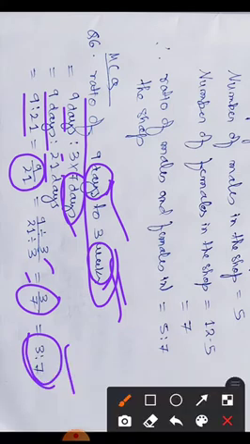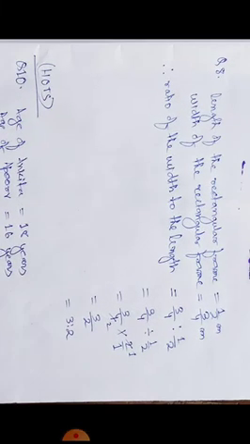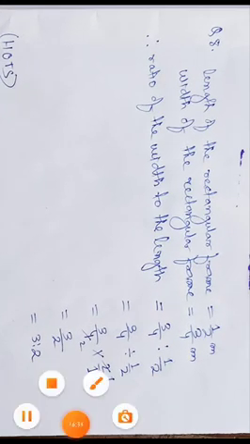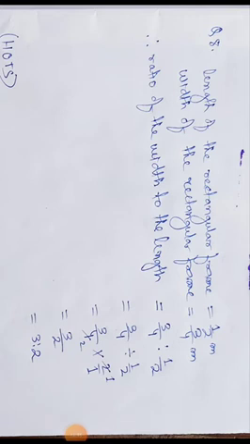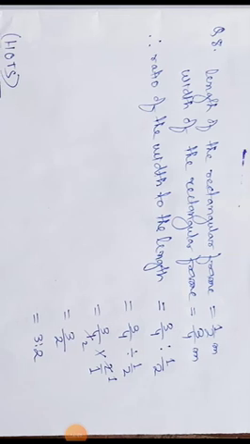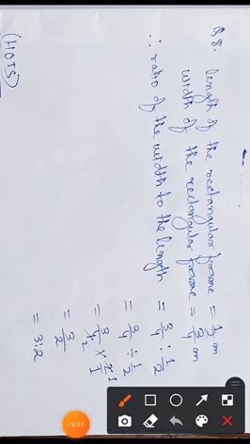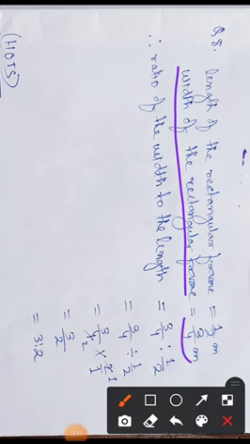Let us see one more question, that is question number 8. So in the question number 8 it is length of the rectangular frame. Length of the rectangular frame is 1/2 meter. Width of the rectangular frame is 3/4 meter.